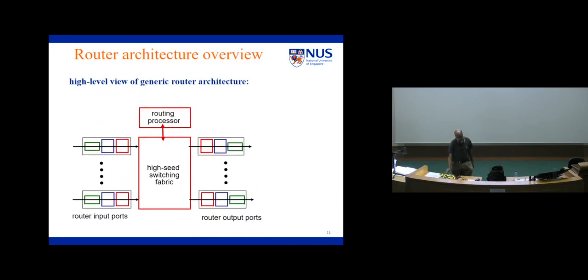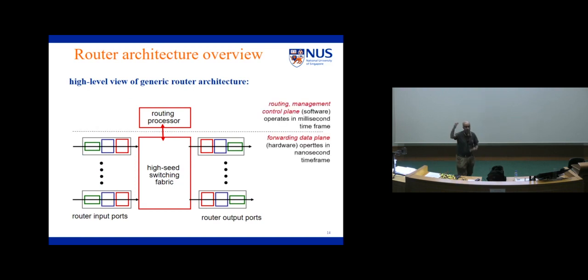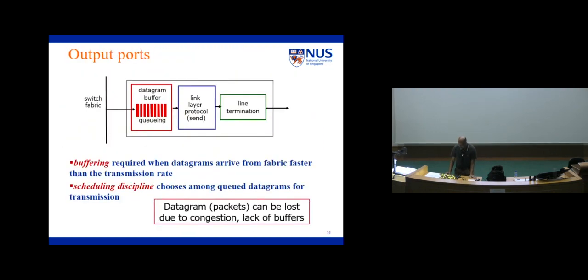We have also looked at the architecture for a typical router, and here again we can separate the control plane and the forwarding plane. So the control plane consists of the routing processor, and in the forwarding plane you have the input ports, the switching fabric, and the output ports. All right.